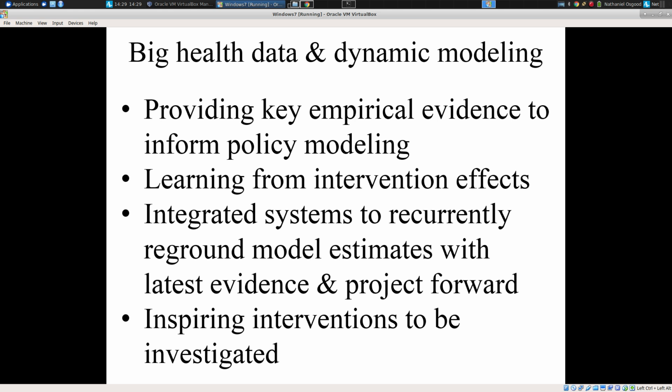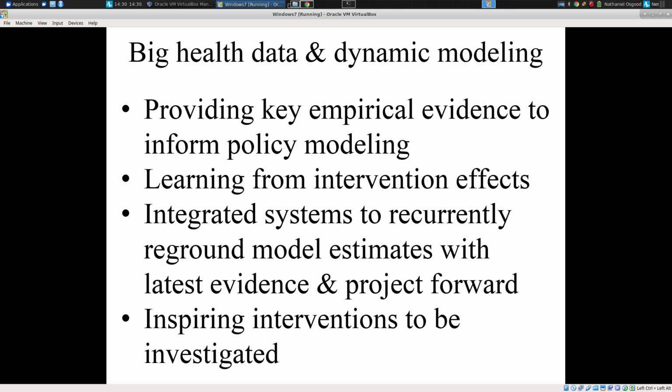First of all, big data can provide empirical evidence to inform policy modeling. We can use the evidence gathered from these phones to inform our understanding of model parameters, to better calibrate a model, and to reground a model over time.